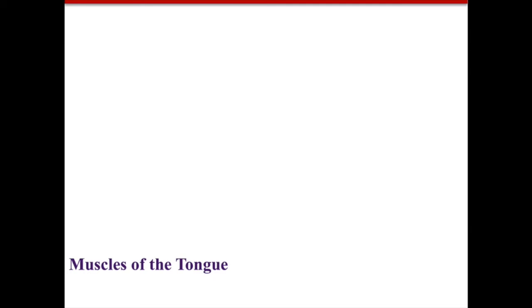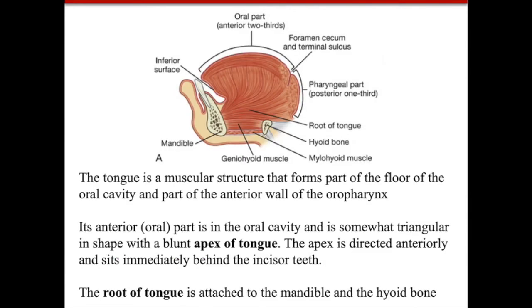Okay, we're moving to the muscles of the tongue. As is the case with certain anatomical structures, anatomists define the root of the tongue, which is where the tongue is attached, both to the mandible and to the hyoid bone. Then the tongue continues with a posterior part, which is in the back of the mouth.